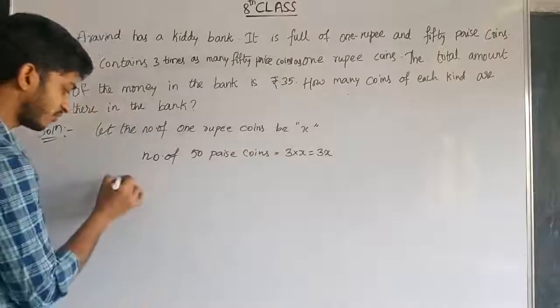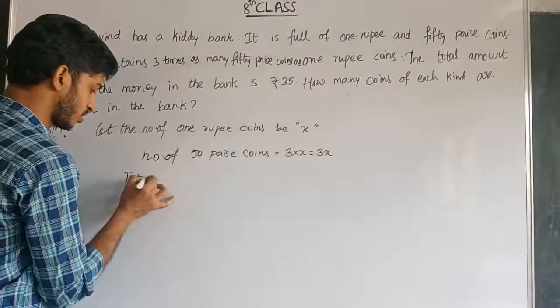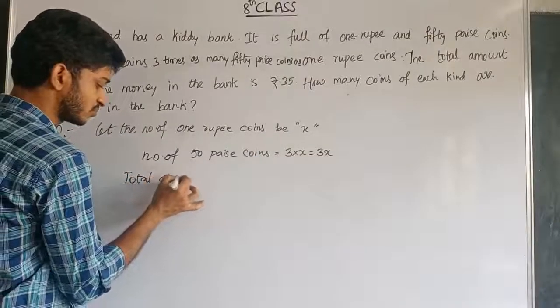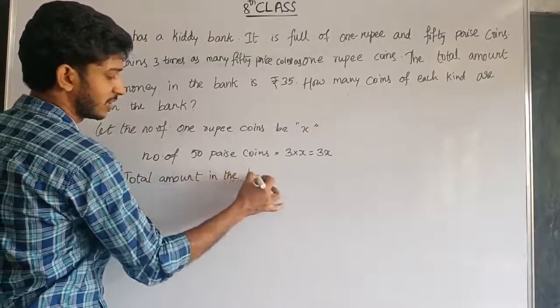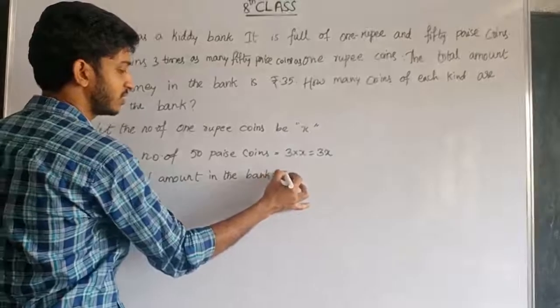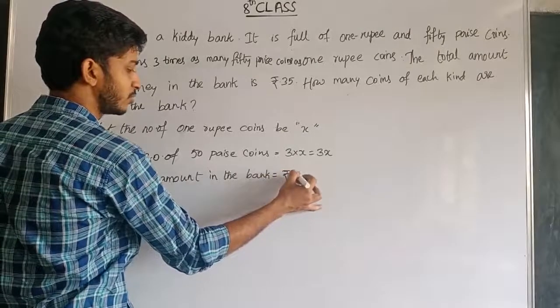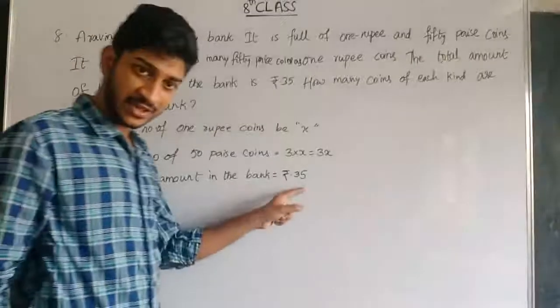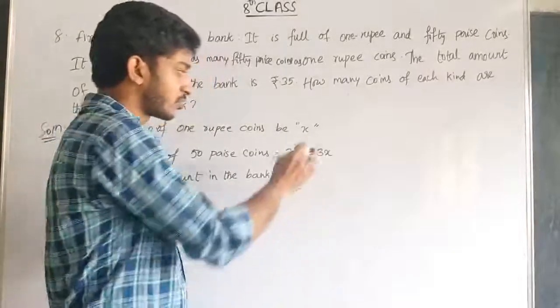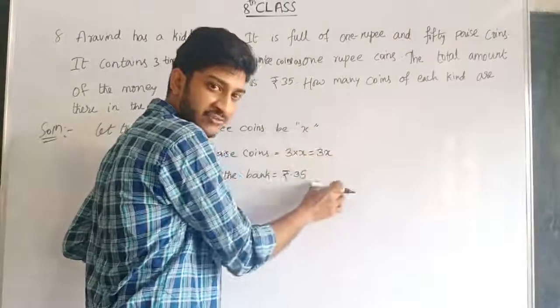Therefore, the total amount in the kiddie bank equals 35 rupees. This 35 rupees is the sum of total 1 rupee coins and 50 paisa coins.